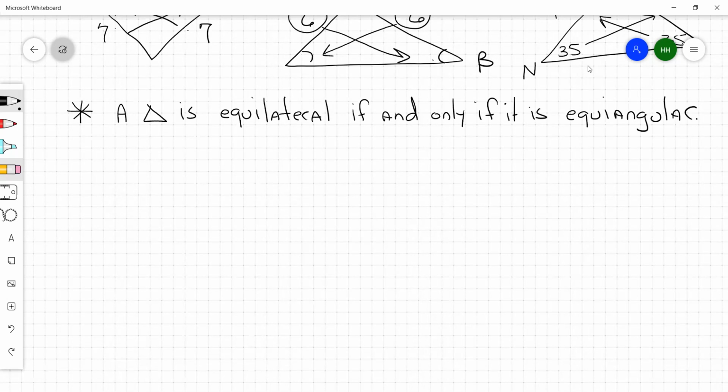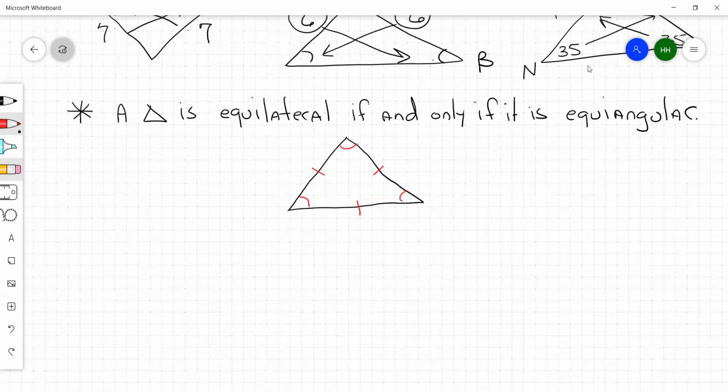You guys remember what equilateral means? All sides are the same. Very good. So equilateral is right here. Here's a triangle with all the sides the same. And all those sides are going to be the same when all these angles are the same. And vice versa. Okay? A triangle is equilateral if and only if it is equiangular. And the converse of that is true.